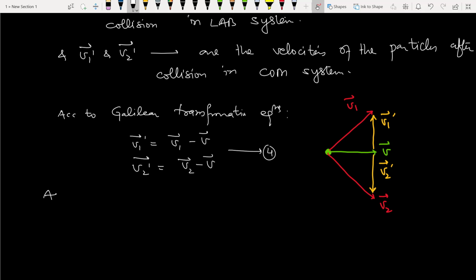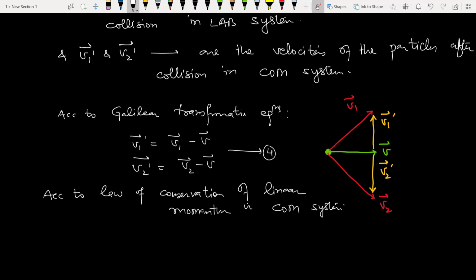So according to law of conservation of linear momentum in center of mass system, the initial momentum is m1 u1 dash plus m2 u2 dash, the final momentum is m1 v1 dash plus m2 v2 dash. So if we substitute the values, let this be equation number 5.